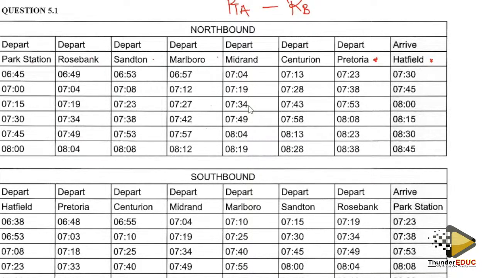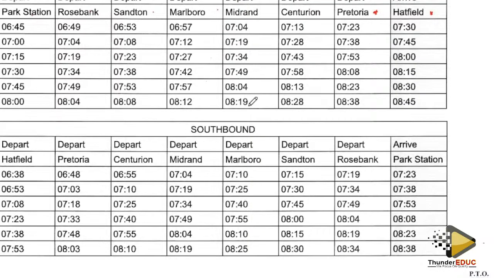That means this one is coming from Park Station. Remember, he stays in Pretoria. So definitely, because this one's departing from Pretoria, heading to Rosebank. You see that?